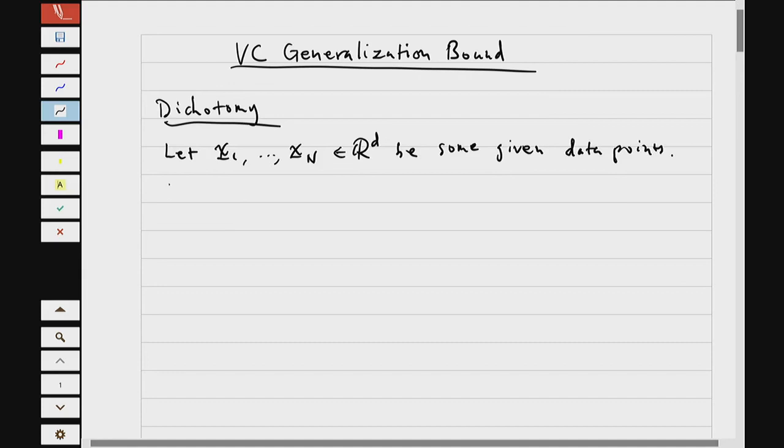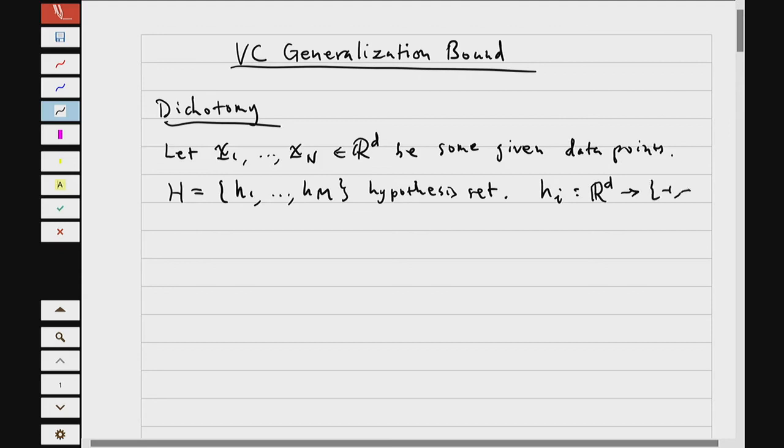And then, of course, we have a set of hypotheses, there are m of them, the hypothesis set. Each one of them is a mapping from d-dimensional space to -1, plus 1.